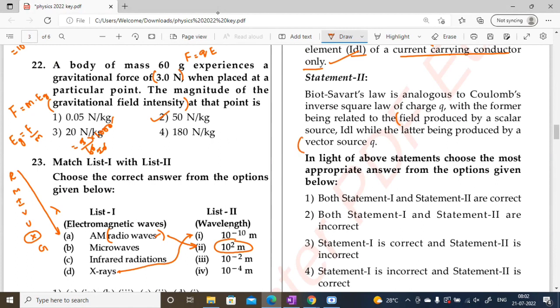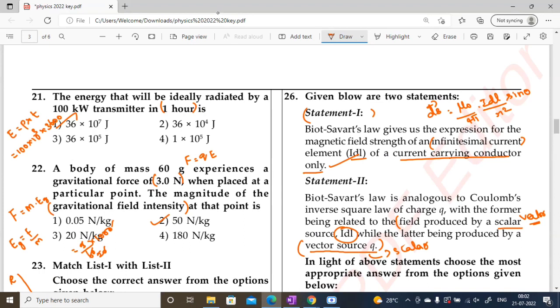See, we consider q to be the scalar source, and this I dl is a vector source, because in order to give the direction of the magnetic field, we consider this I dl entirely to be a vector source, and this r again to be a vector. The cross product of dl cross r gives the direction of my magnetic field, guys.